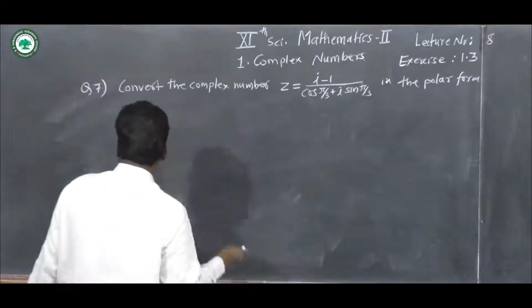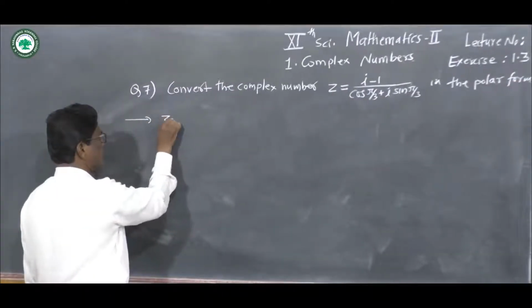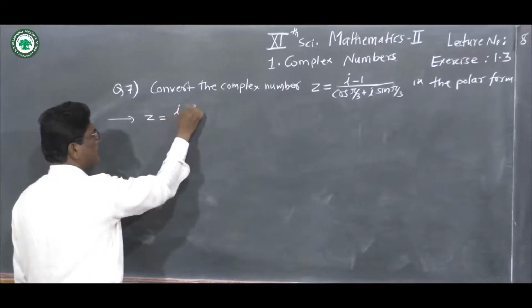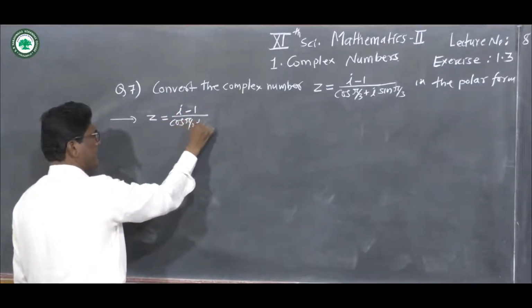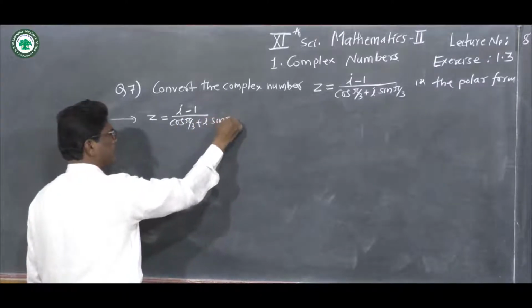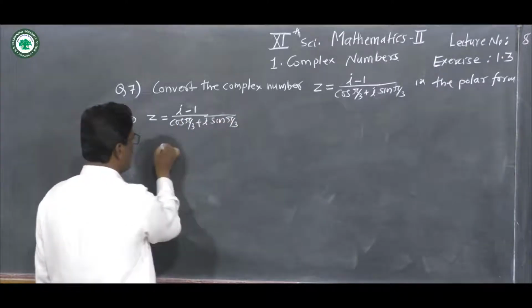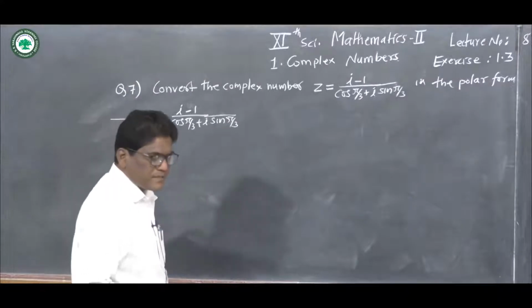So let Z be equal to i minus 1 divided by cos of pi by 3 plus i sin of pi by 3. Firstly, write the value of cos of pi by 3 and sin of pi by 3.